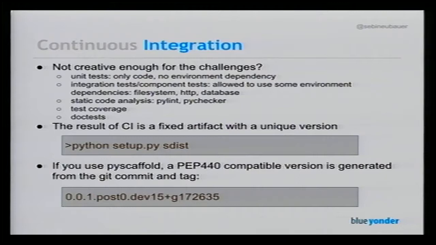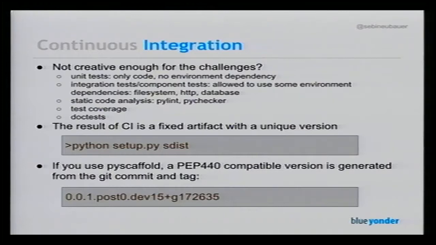Somehow the Python community decided that for continuous integration, where we really need for each commit another unique version, it has to look somehow this way. So the first 3 numbers are really tags. If you git tag something, then this is the tag. Post says we are after this tag because we are developing further.